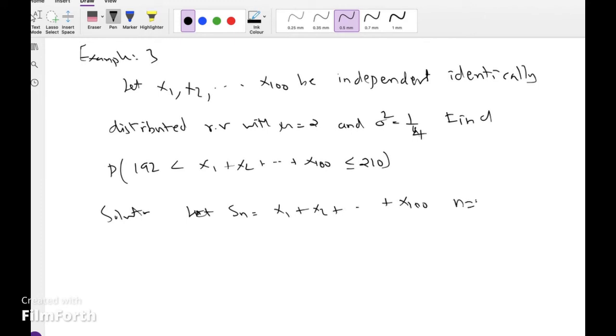So n is equal to 100. Mu is given as 2, and sigma squared equal to 1 by 4, so sigma equal to 1 by 2. And Z equal to Sn minus n mu by sigma into square root of n.